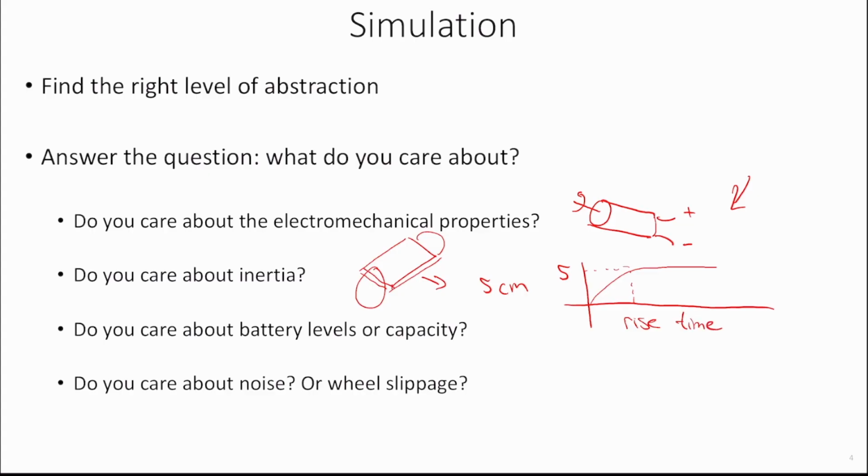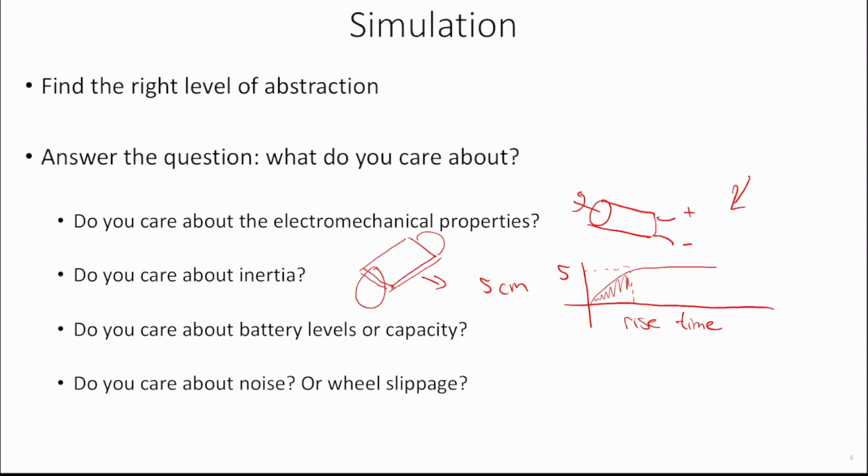But it's not going to do so instantaneously. Do we need to care about the amount of time it takes to ramp up to the speed that we care about? Sometimes we probably do. For the most part, in this class with our simple mobile robots, it's just not that high of stakes. We don't care to model things like inertia.